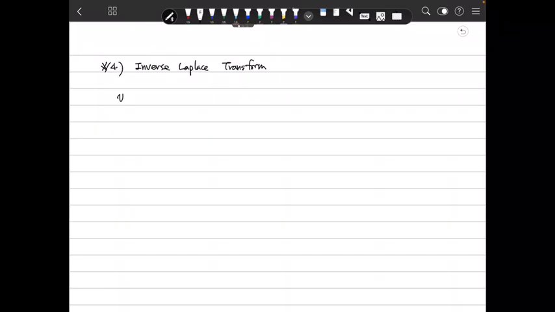So VCT was the inverse Laplace transform of VCS, and that was 5 over s minus 6.67 over s plus 10 plus 4.167 over s plus 16.